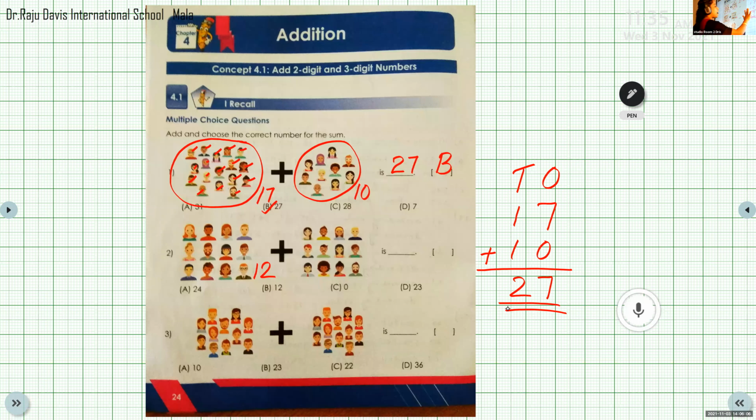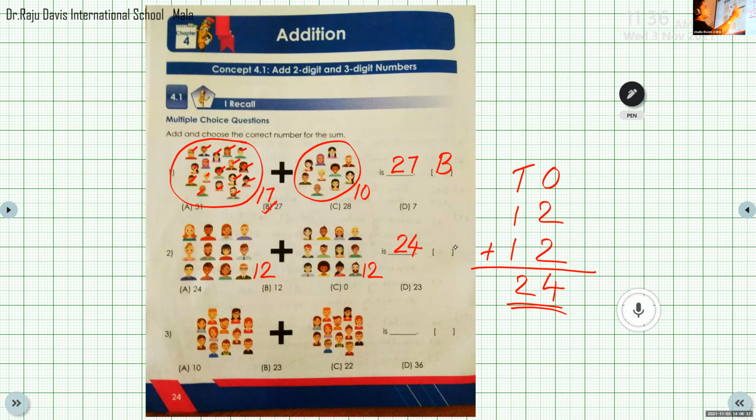So add and tell me the total number. 12 plus 12. 2 plus 2 is 4. Then the tens place 1 plus 1 is 2. So the answer is 24. Write 24 here. And where is the option 24? Option A.